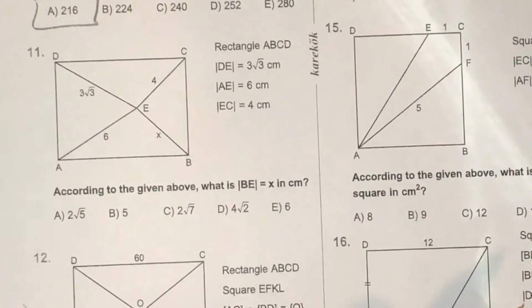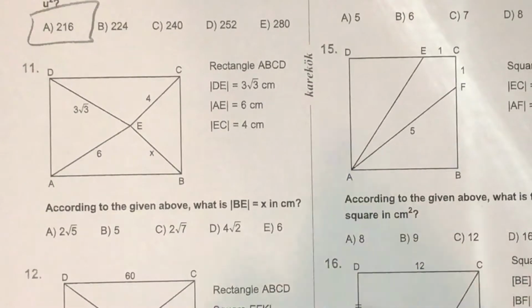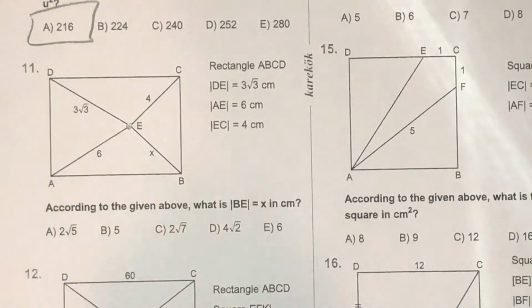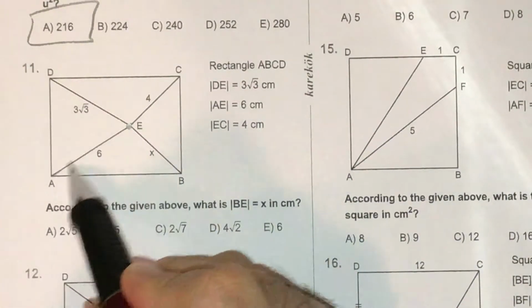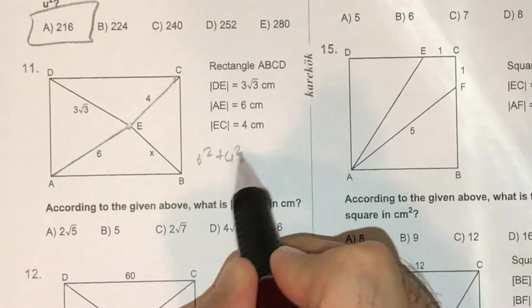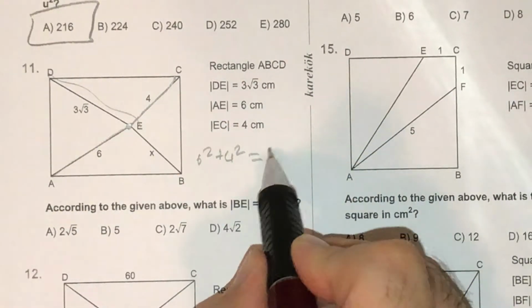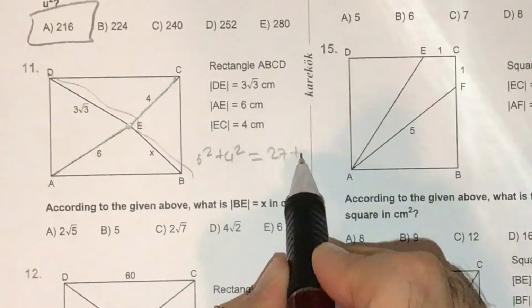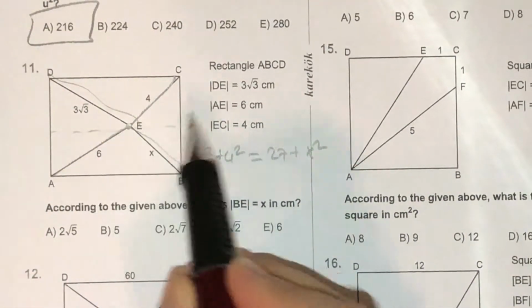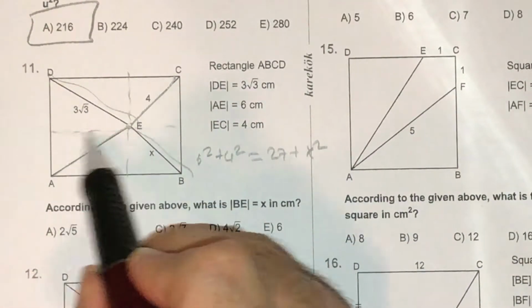In a rectangle, if I pick any point inside or outside the rectangle, remember 6 square plus 4 square is equal to 3 root 3 square plus the other side square. Remember, it comes from the Pythagoras theorem.